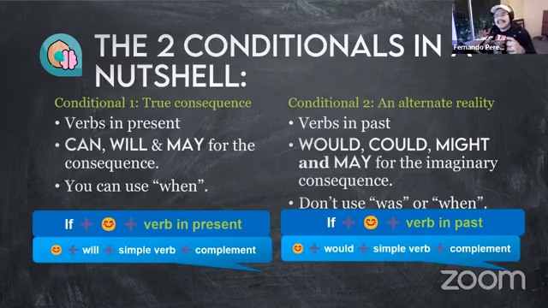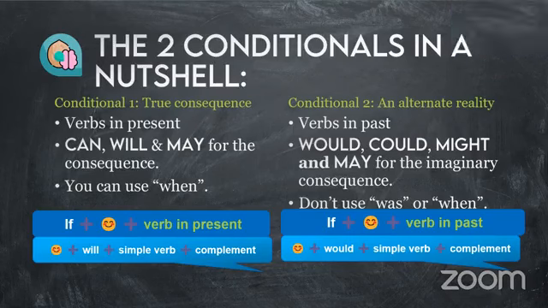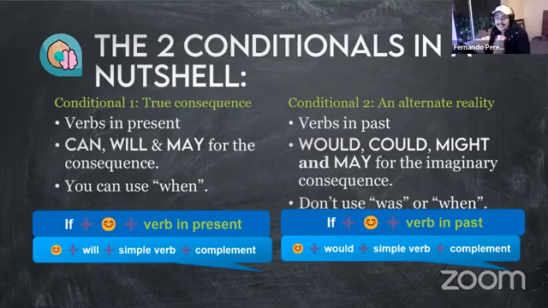You cannot adapt the same context in conditional number two, because conditional number two is a different situation. You need to change the situation. Again, another example, and it's necessary imaginary.